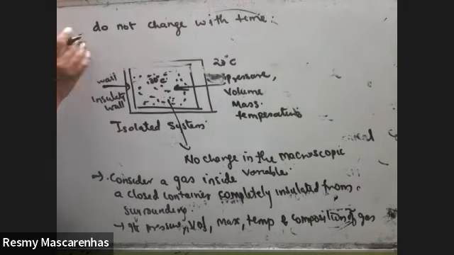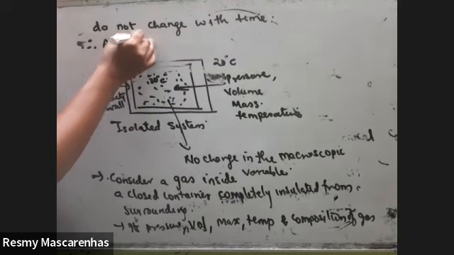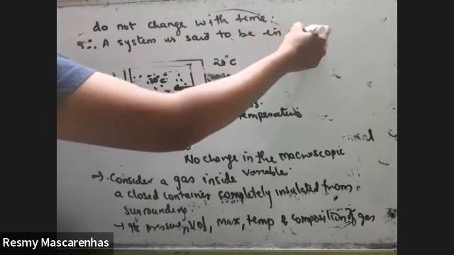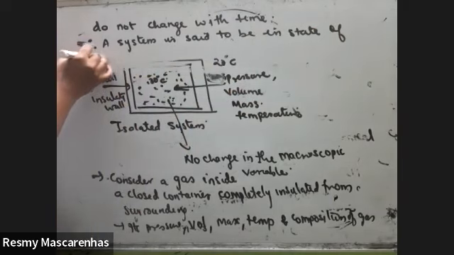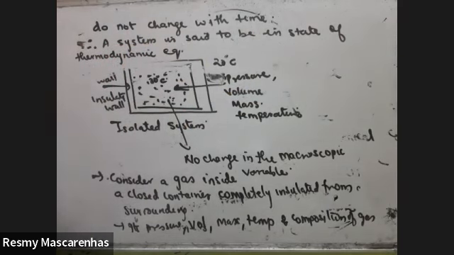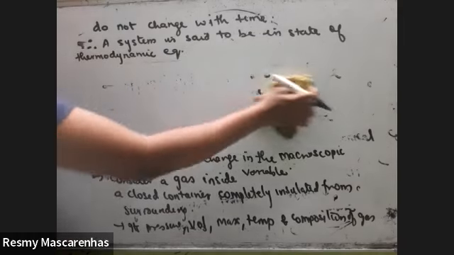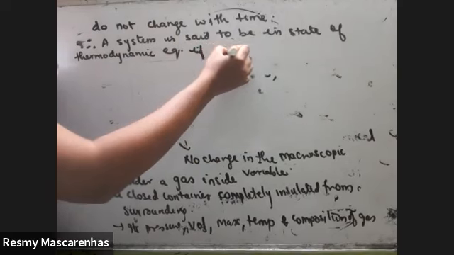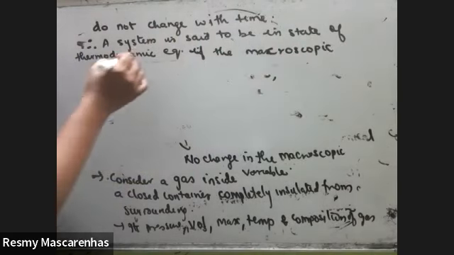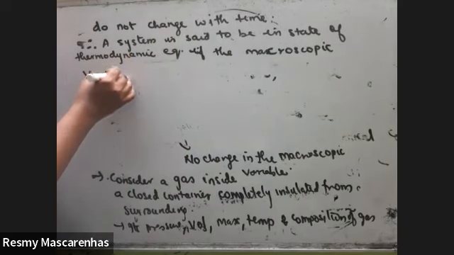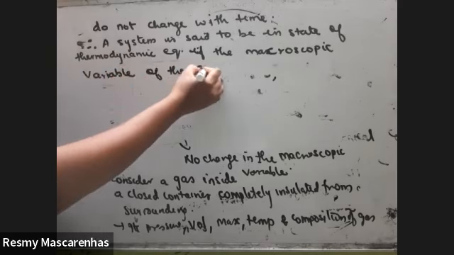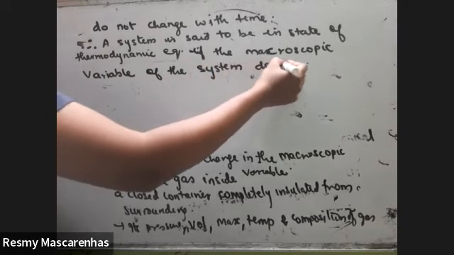Okay, so the definition: a system is said to be in a state of thermodynamic equilibrium if the macroscopic variables of the system do not change with time.